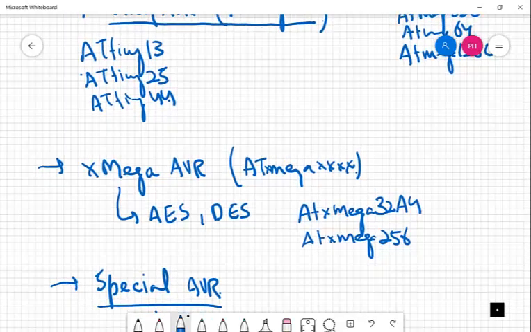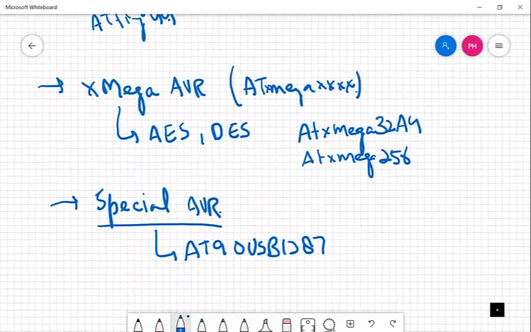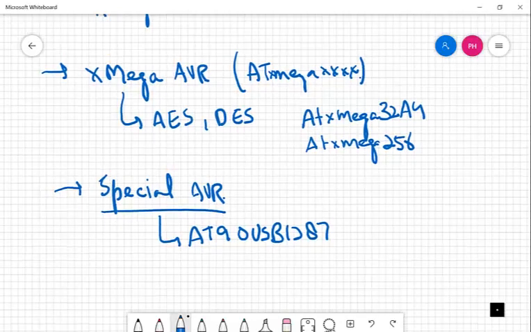They have large amounts of memory and computing facilities, and also some special peripherals built in, like encryption schemes, AES and DES. And then we have special AVRs, built for special purposes, like AT90USB1287 built for USB controlling.